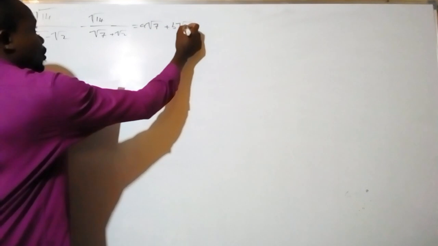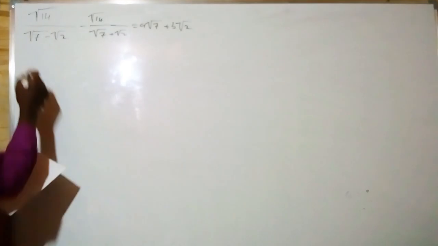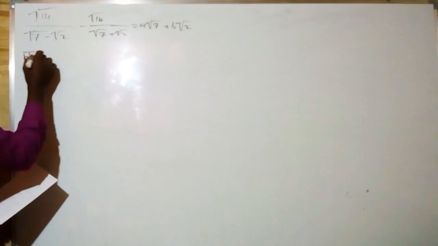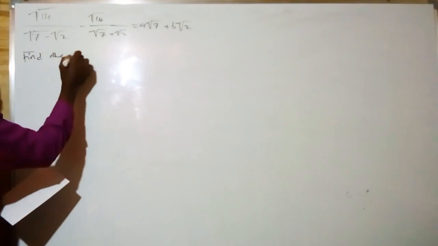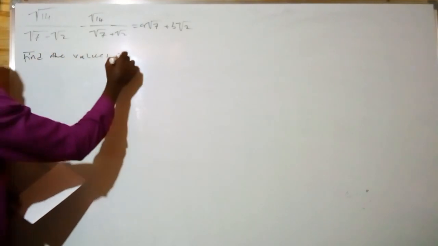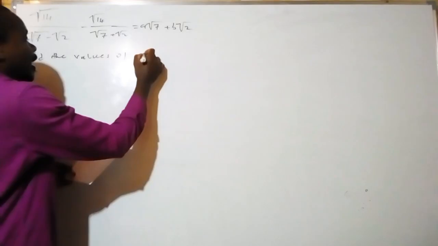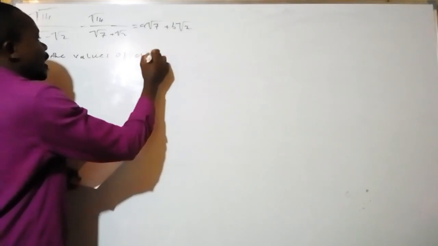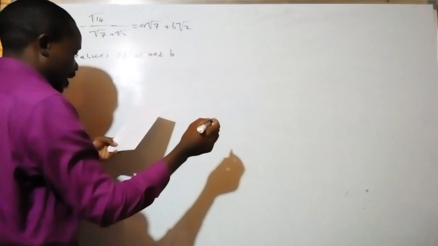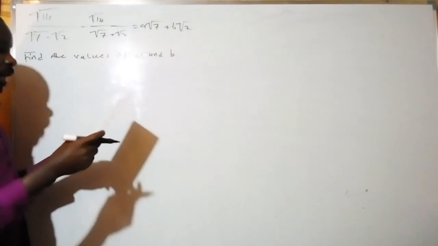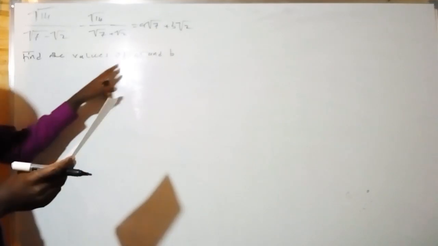Find the values of A and B, where A and B are rational numbers.